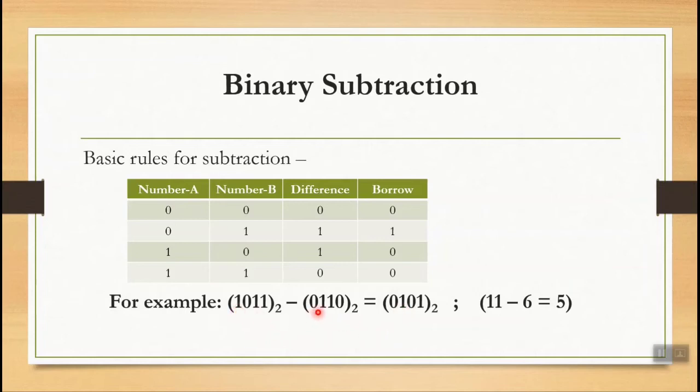That 1 minus that borrow becomes 0. This is 0. This is nothing but 5. This is the binary number 0101, which means 5. So 11 minus 6 becomes 5. Okay. This is your binary subtraction.